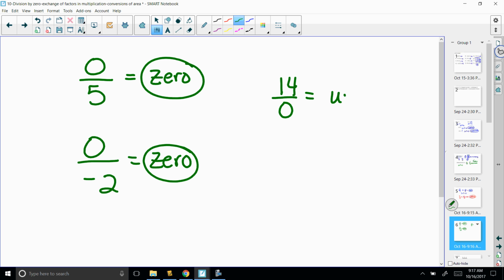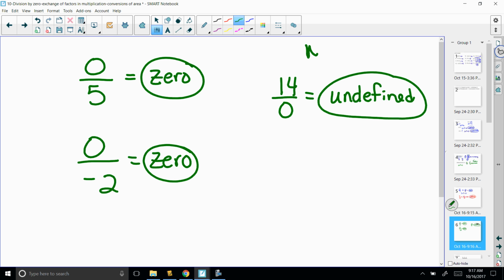Undefined. Because it fits the pattern of no, a number divided by 0. -3.14 divided by 0. What is it? Undefined.